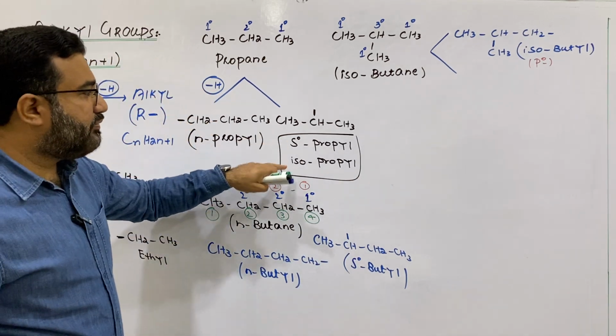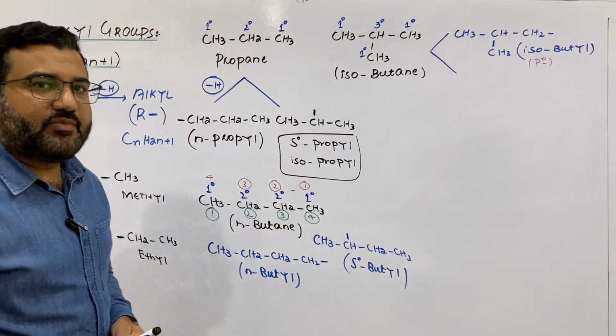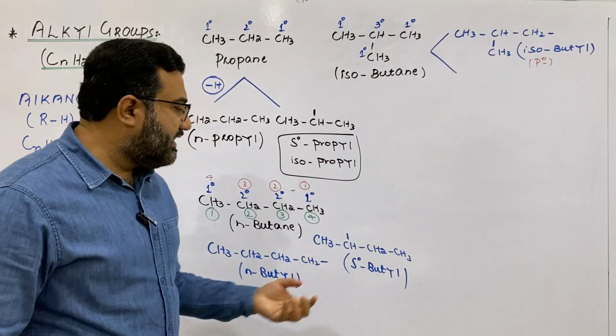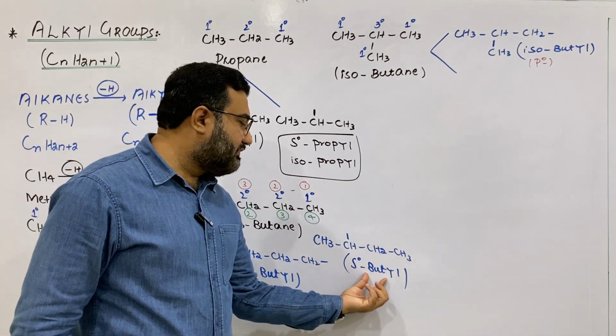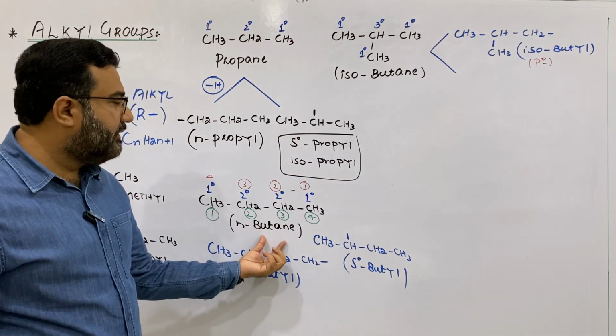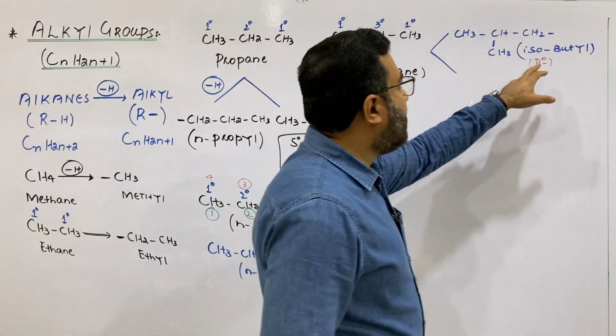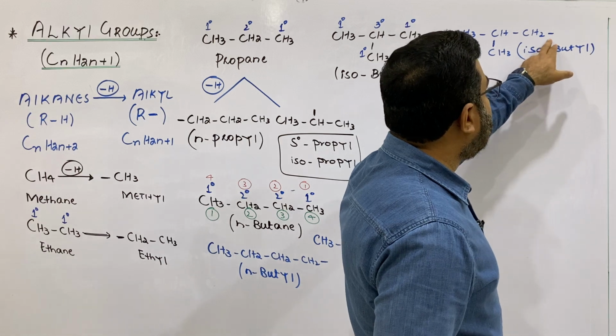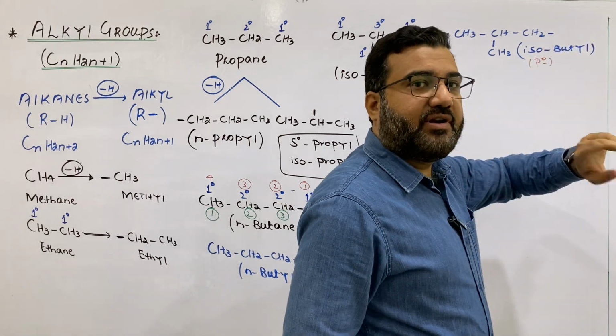So in case of propyl, both are same, but in case of butyl, both are different. Secondary butyl is the butyl produced when you remove one hydrogen from the secondary carbon of the normal butane. And isobutyl is the butyl produced when you remove one hydrogen from the primary carbon of the isobutane.